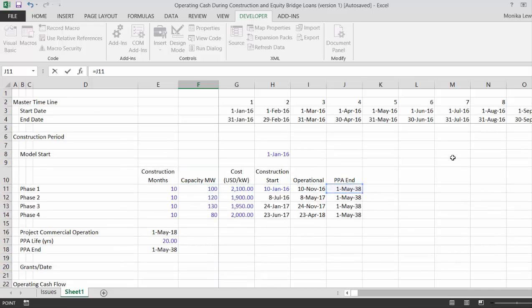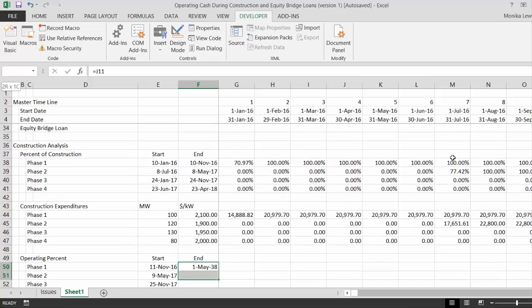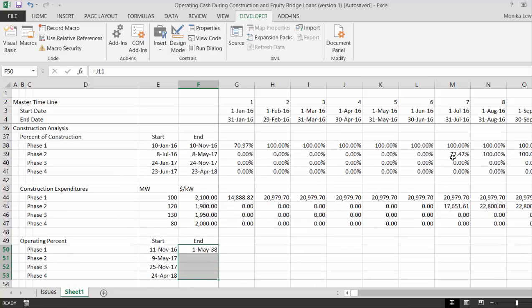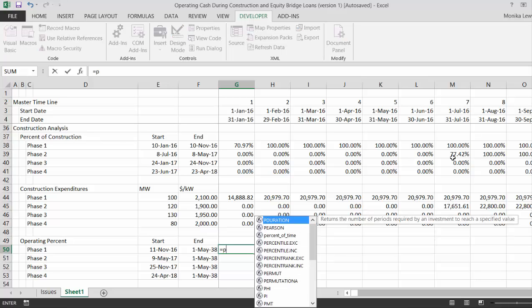Now, this is not the same as the start and end date, because we produce some cash flows before the construction period. So we'll put, okay, but the first thing we do is put percentage of time.